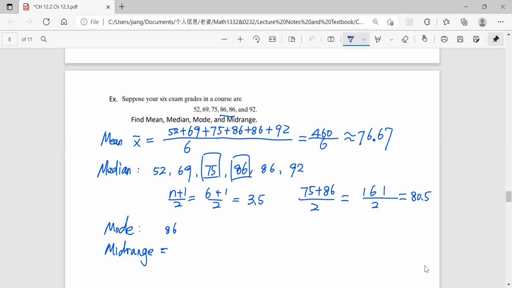So mid-range equals finding the biggest number and smallest number. The smallest number is 52, and the greatest number is 92, over 2. So this equals 144 over 2. That's 72. So we found the mean, median, mode, and mid-range.